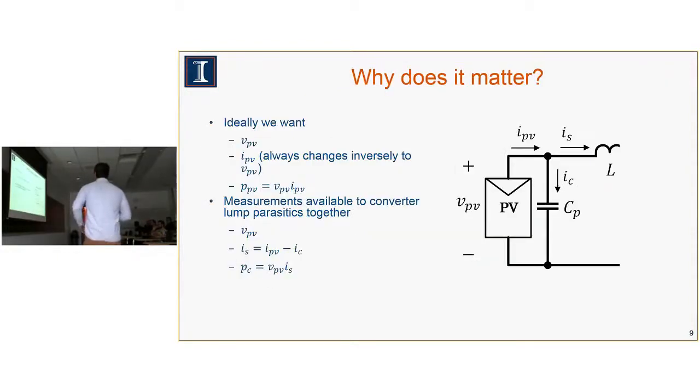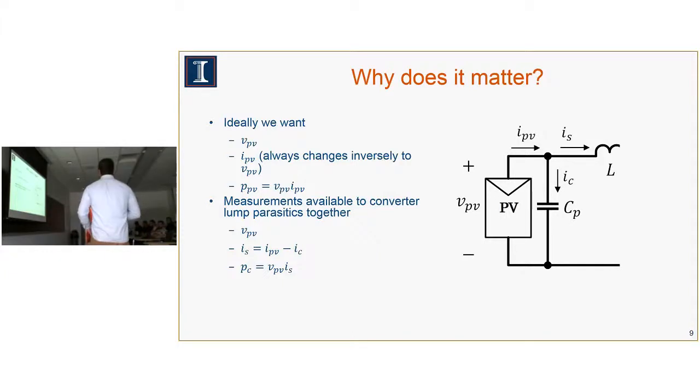So why does it matter? Ideally we want our PV array to just operate on IPV and VPV, which are given by the IV curve and have that one-to-one ratio. But PV arrays have well-known capacitive effects due to their PN junctions.